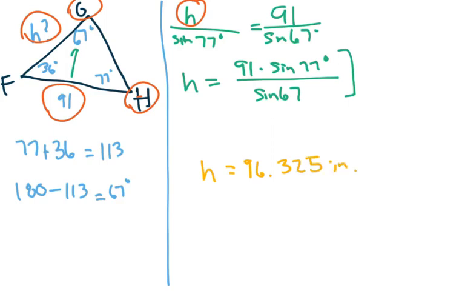But they want us to round to the nearest inch, so I'm going to eliminate the decimals behind it, and it's just going to be 96 inches. And that is my solution.